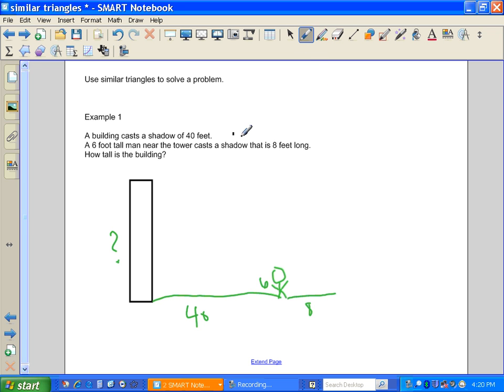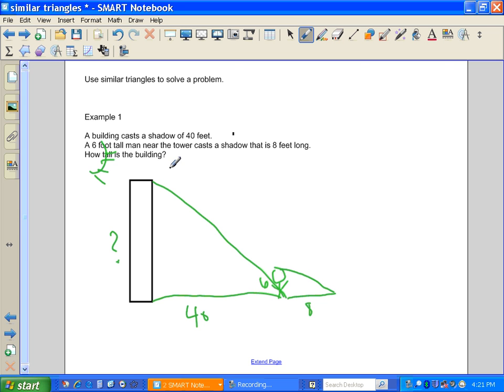Well, a couple things we want to do. What if there's a sun out over here and it's the angle of the sun that makes the shadow.